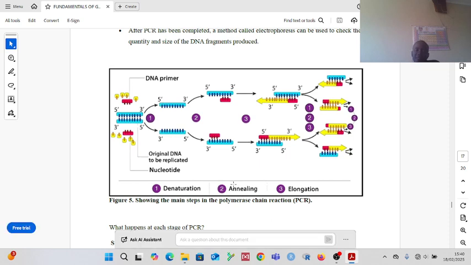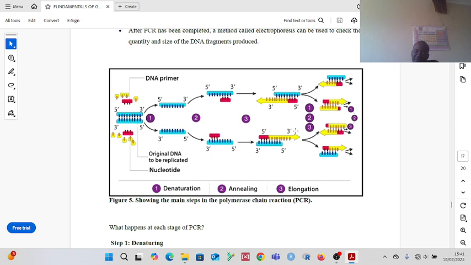At annealing, you now have your DNA primers attaching on the 2 single strands. Then with the elongation, the DNA polymerase, the Taq polymerase, begins to add and extend the primer using the principle of base complementarity.